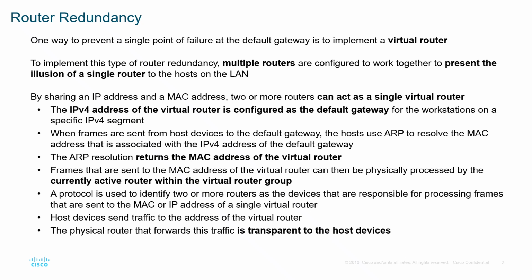What happens is you define an active router, you define a standby router to take over if the active goes down, but you also create a virtual environment. Host devices send traffic to the address of that virtual router. The physical router that forwards the traffic is transparent to the host device. Your host device only knows what you tell it.